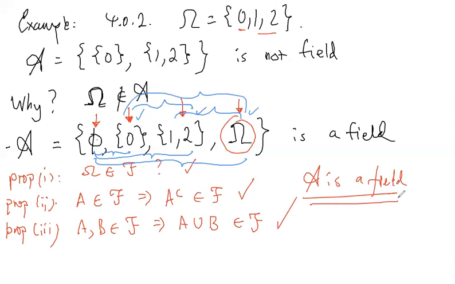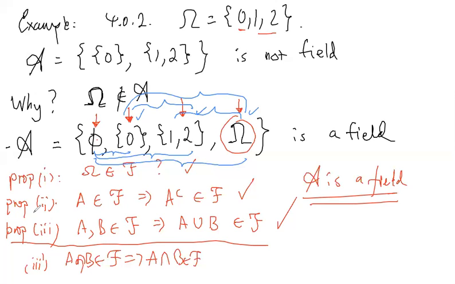Okay, you don't have to check property 3 prime, which is closure under finite intersection, because it's equivalent to property 3. Yeah, so you only check property 1, 2, 3 is enough. But sometimes it may be easier to check closure under intersection.